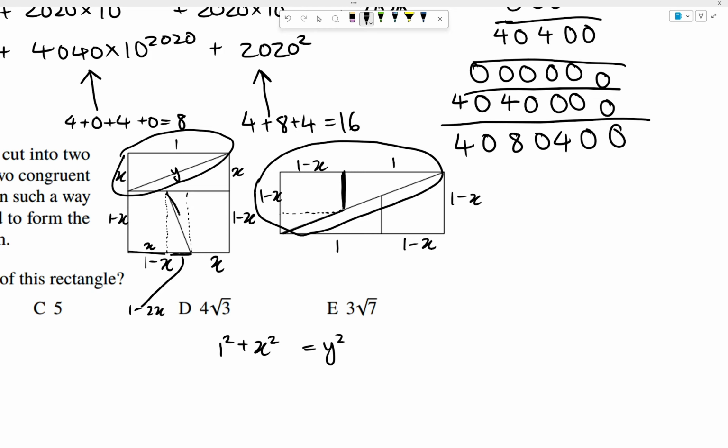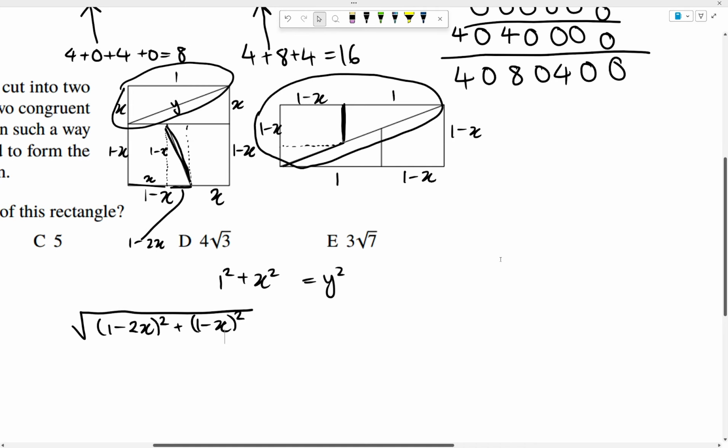So the length of this diagonal here, we can find using Pythagoras, because this length is 1 minus x. So we have the square root of (1 minus 2x) squared plus (1 minus x) squared.